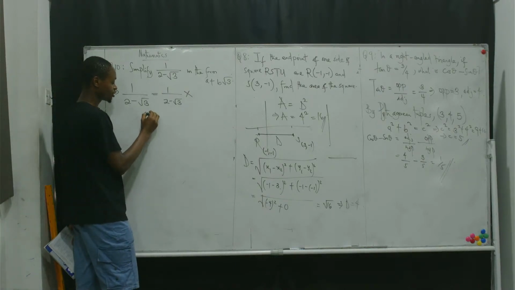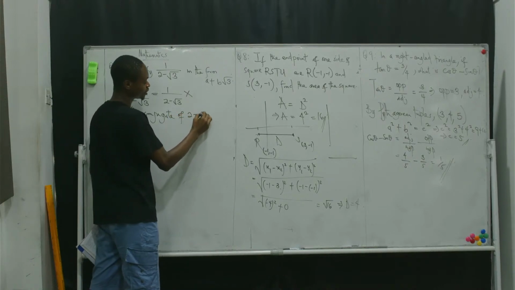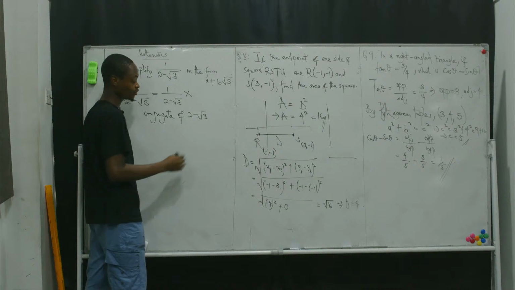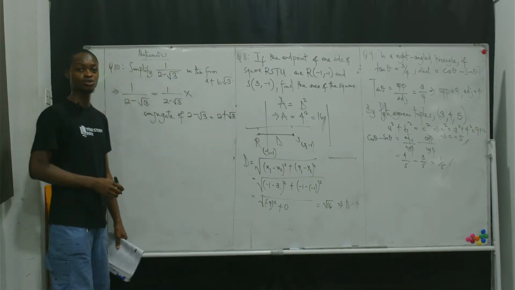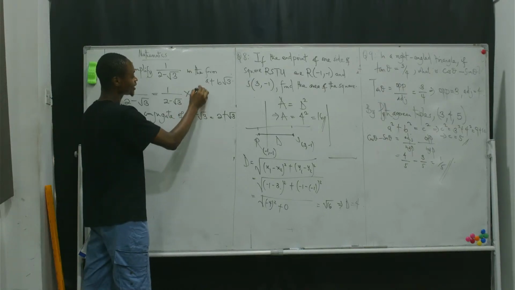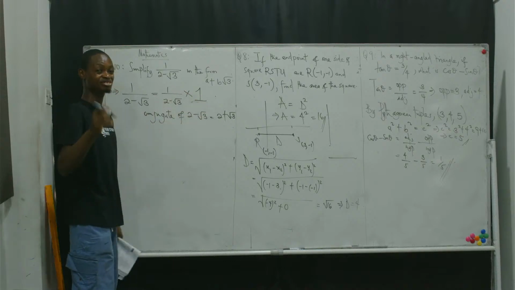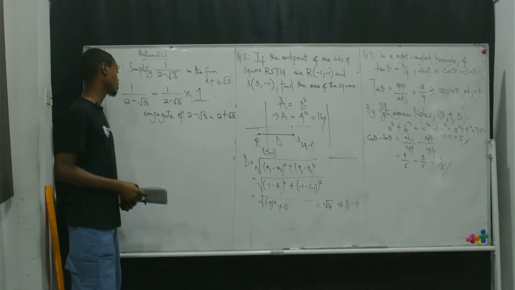Now, the conjugate of 2 minus root 3 simply means change the sign directly in front of the surd form. So that's going to give you 2 plus root 3. Now, I will create a representation based on this conjugate that gives me 1, because I know that 1 over 2 minus root 3 times 1 is still going to be the same fraction.